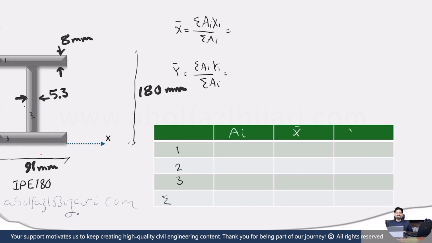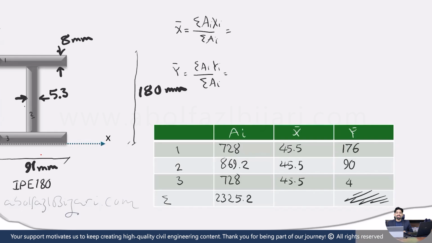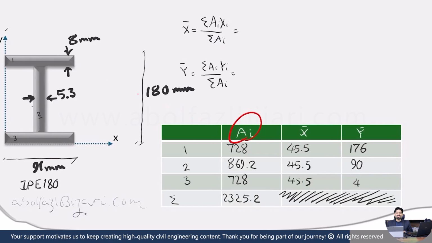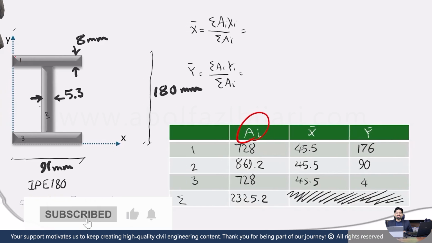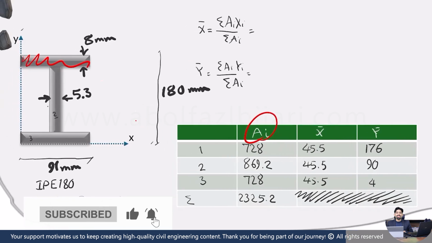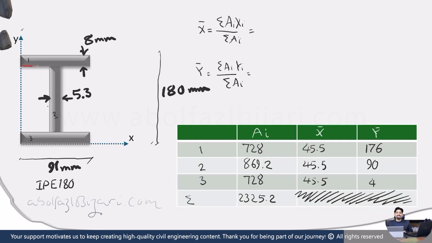As you see in the table, we have Ai, X and Y. The rows of this table are the number of shapes. For example, for Ai, the area of the first shape, you can calculate it. The length of it is 91 and the width is 8 millimeter.